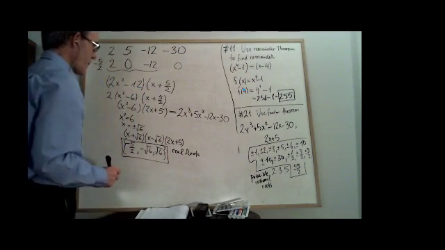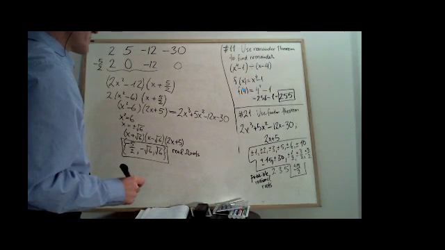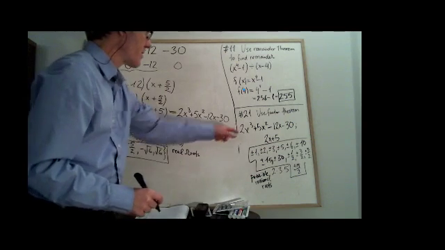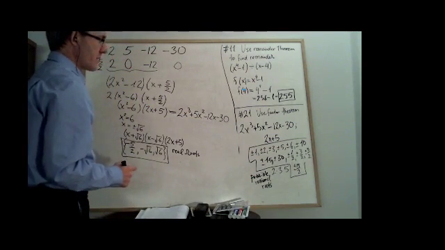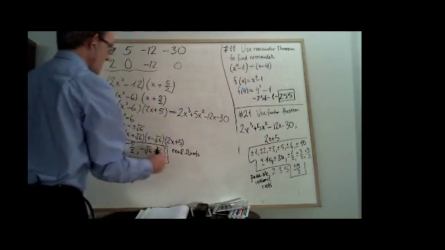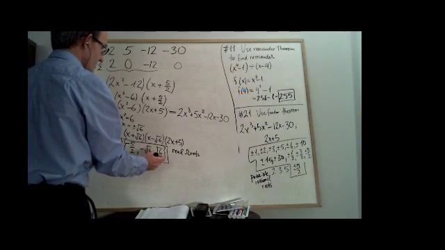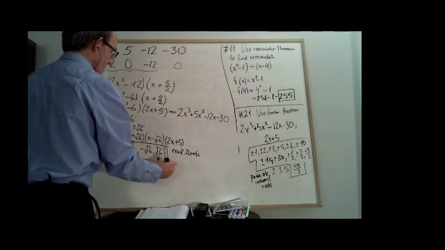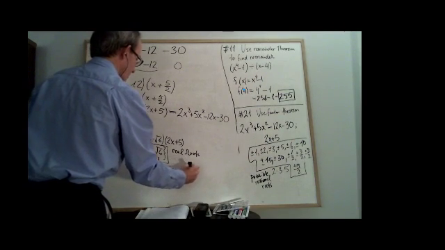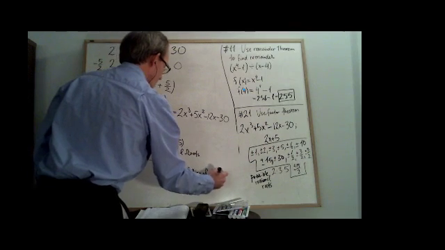Maybe we can check this with Descartes' rule of signs. How many changes of sign are there for this polynomial as it is written? None, and then one change of sign. So that means there's one positive real root. Okay, so that works.